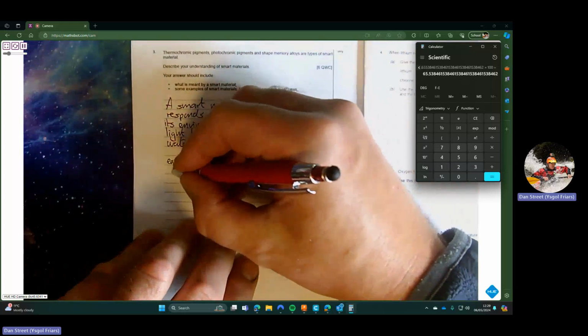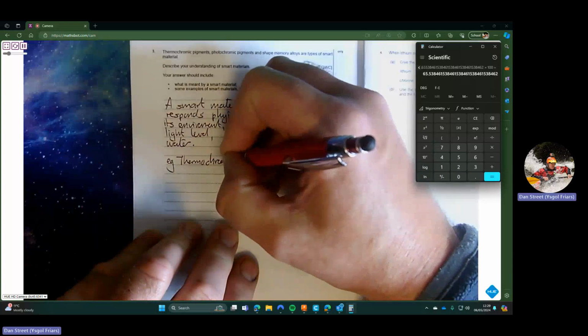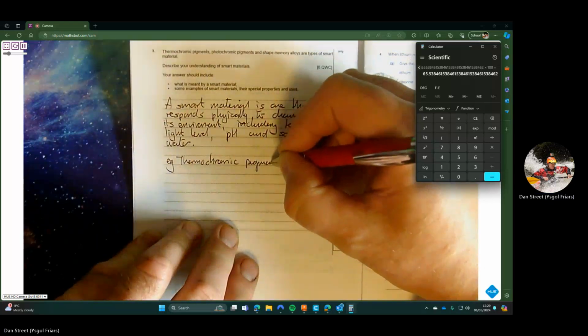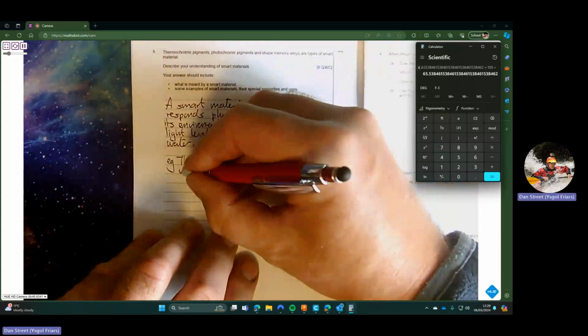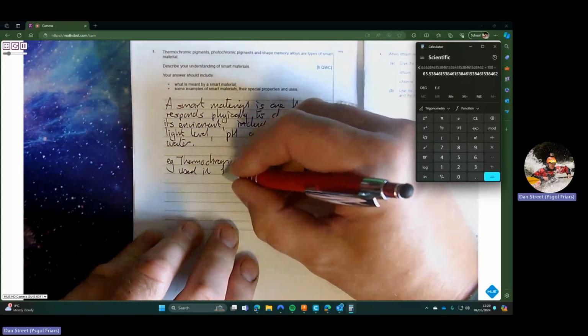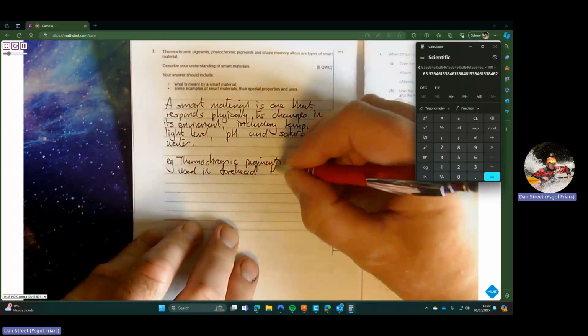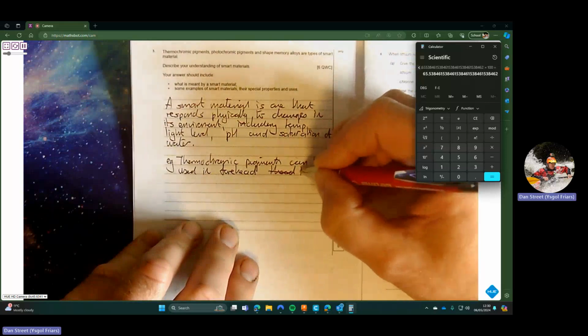So, for example, thermochromic pigments can be used in forehead thermometers. Okay, so you get these strips that you can place on your forehead to tell you your temperature.